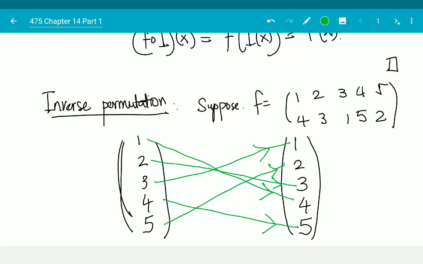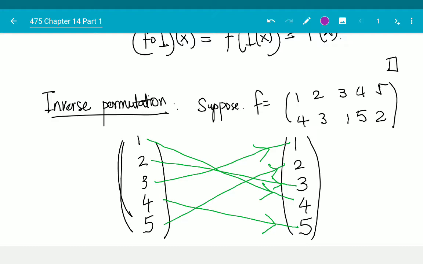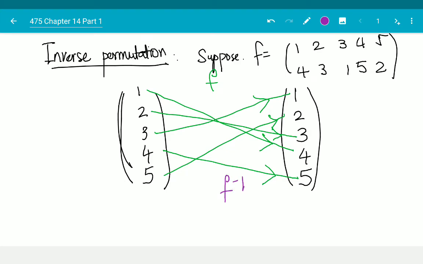Well, I can reverse the directions, and say I am looking at the function. So this is my function f. How am I going to draw f inverse? For f inverse I just reverse all the arrows. So 5 goes to 4, 4 goes to 1, 3 goes to 2, 1 goes to 3, and 2 goes to 5.